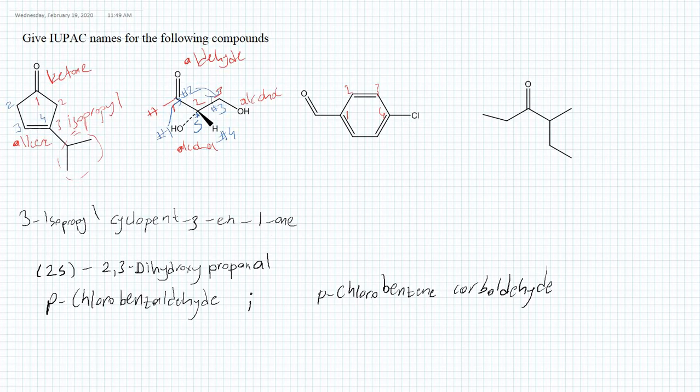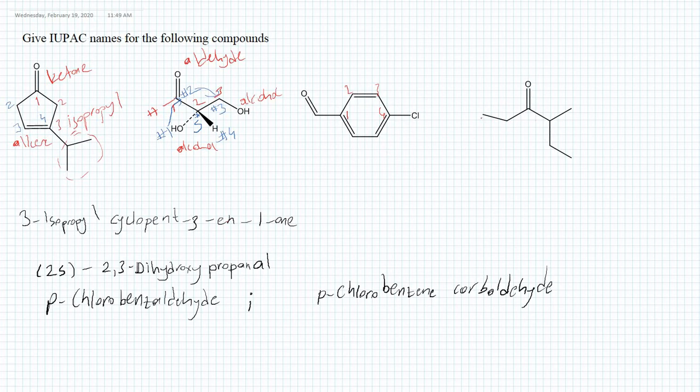Okay, let's move to the last structure. The last structure is a ketone. We have a carbonyl functionality here, and both parts are carbon-carbon, so alkyl substituted. So we say this is a ketone, and for ketones we have to start numbering from the end nearer to the carbonyl part.